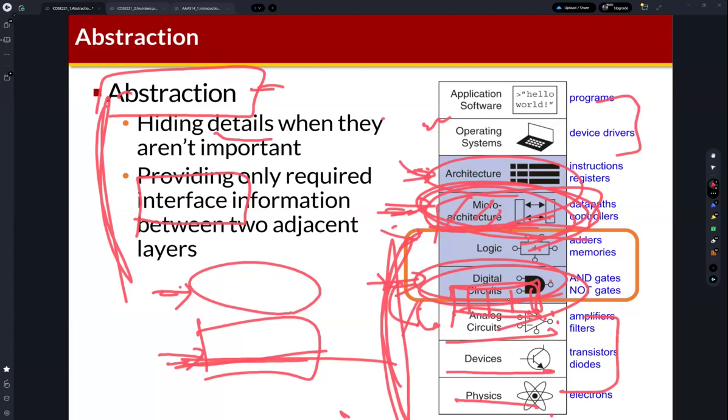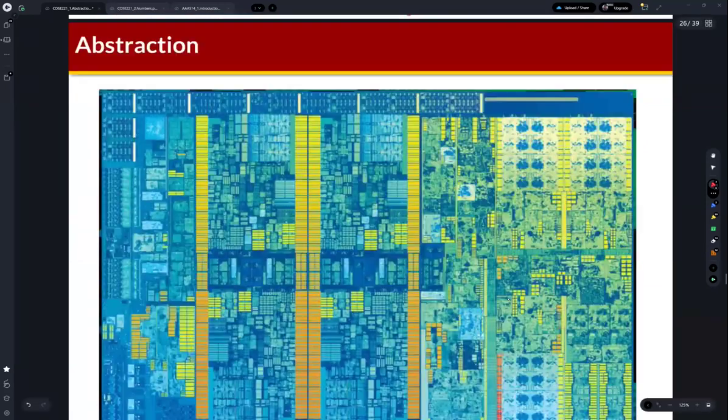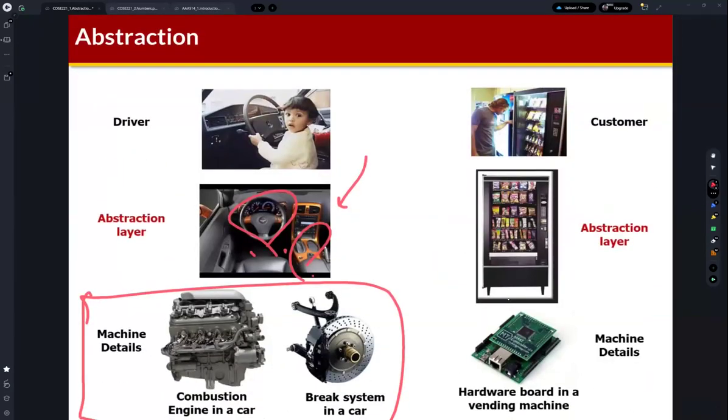This is the concept of abstraction, which is widely and frequently used for understanding complex systems. For example, we just understand how to drive.